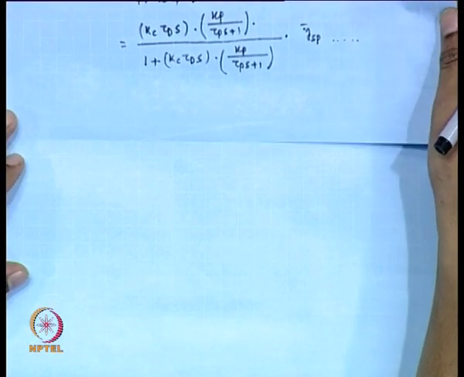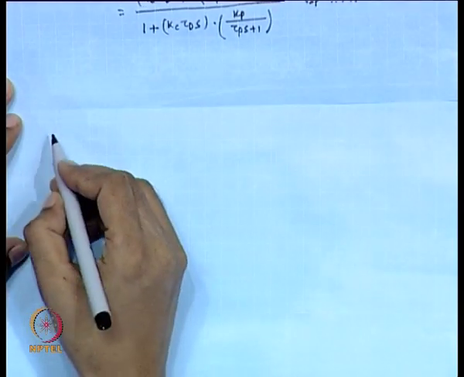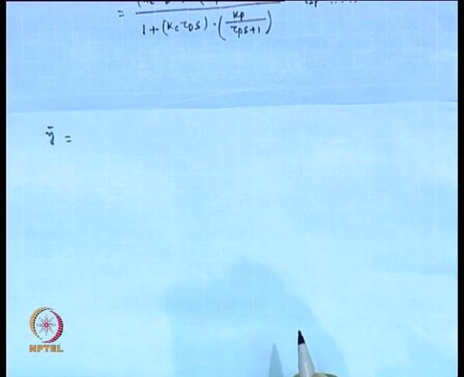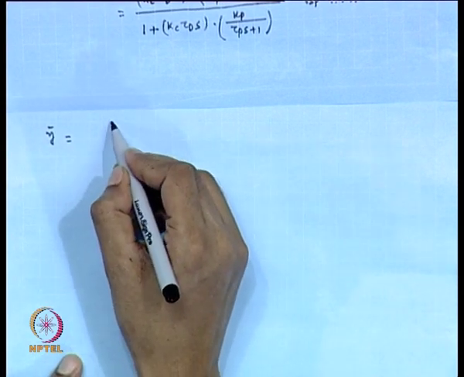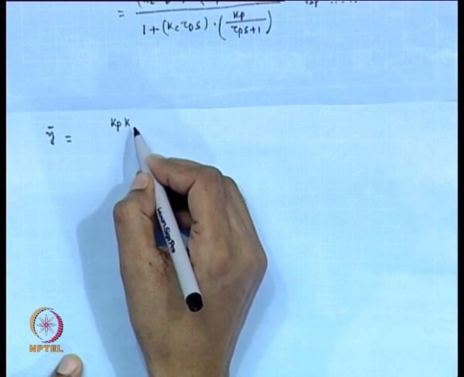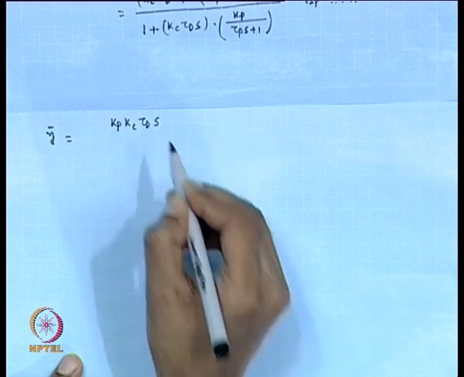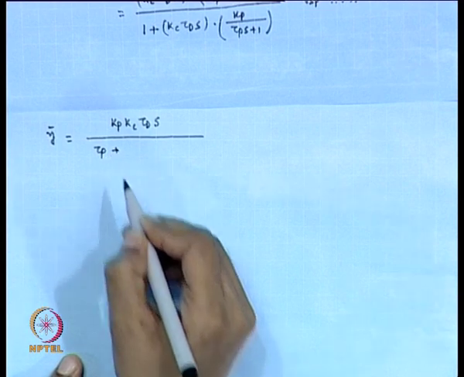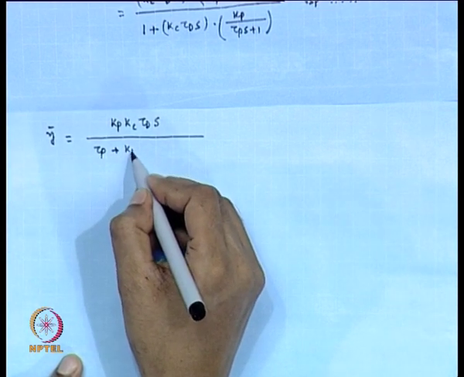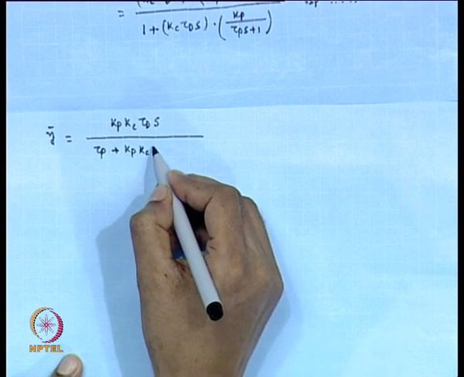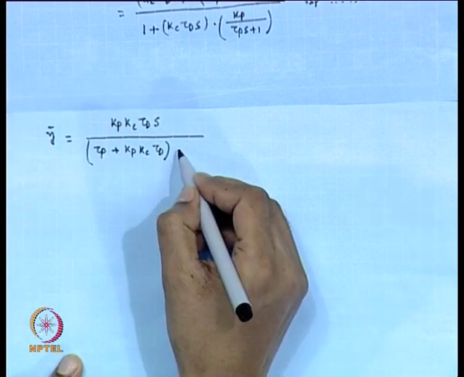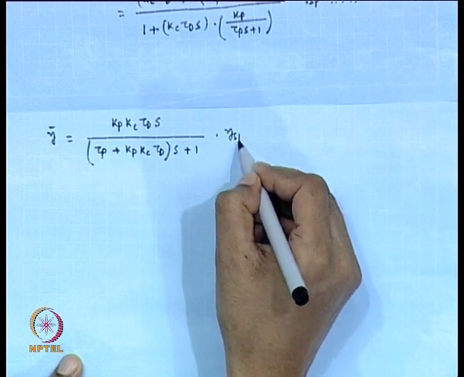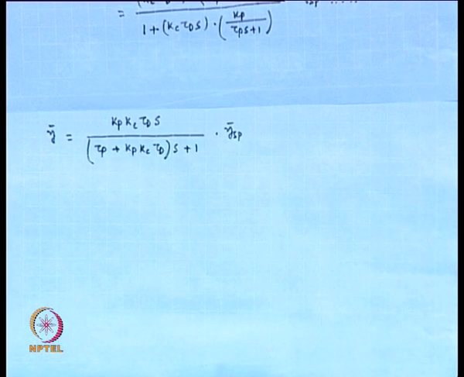Now, if we rearrange further, then we obtain the final form of closed loop transfer function as y bar equals Kp Kc tau d s divided by (tau p plus Kp Kc tau d) multiplied by s plus 1, times y set point bar.